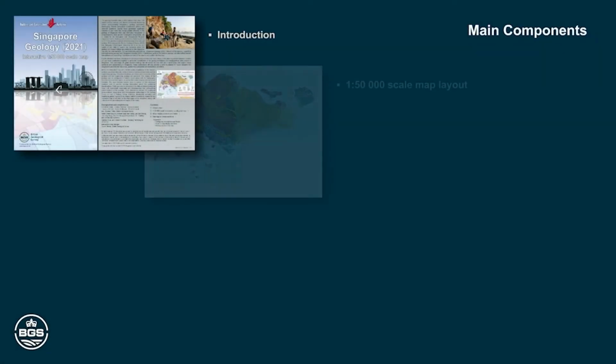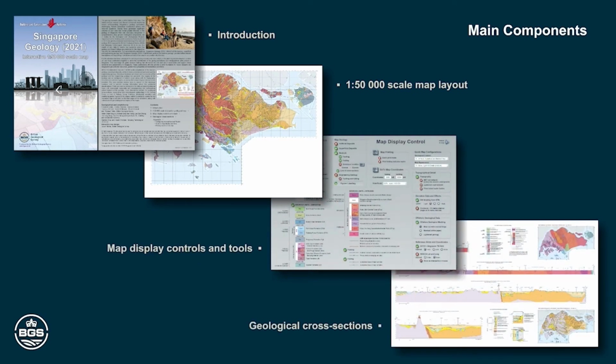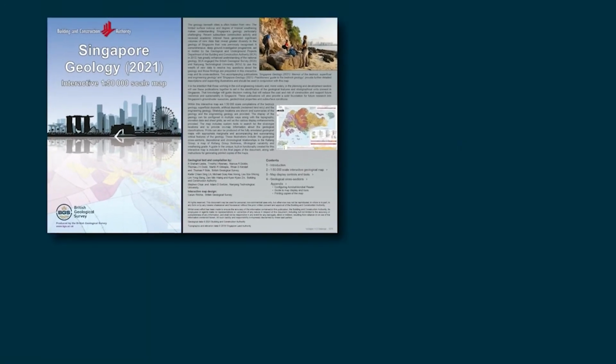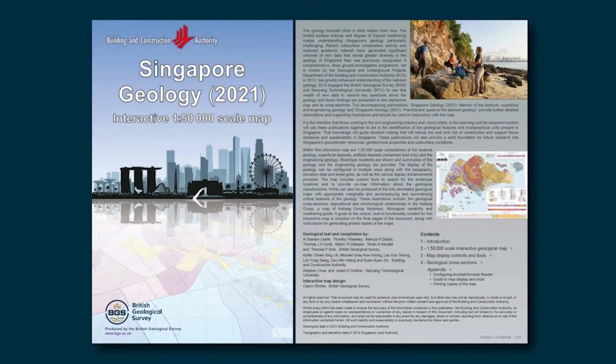Now let's have a look at the interactive map that's been built. This shows the main components of the map. There's a title section that contains information on the project along with conditions of use and copyrights.